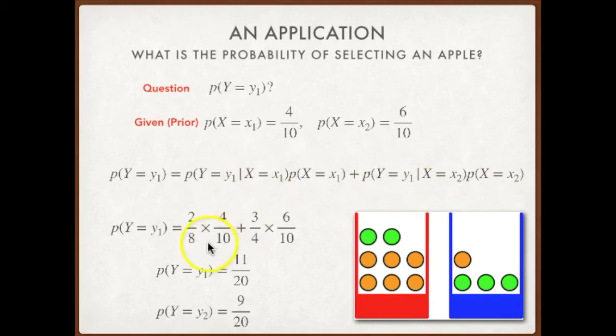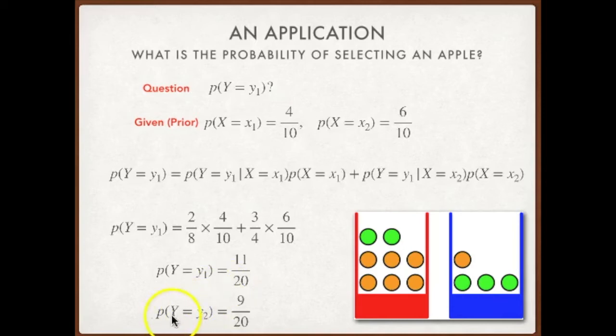By plugging in the values for these terms, we arrive at p of y equals y1 is equal to 11 by 20. That is, selecting an apple irrespective of which box it comes from, the probability of selecting an apple is 11 by 20.